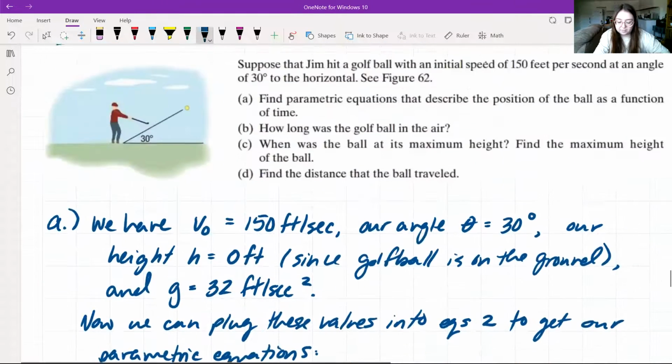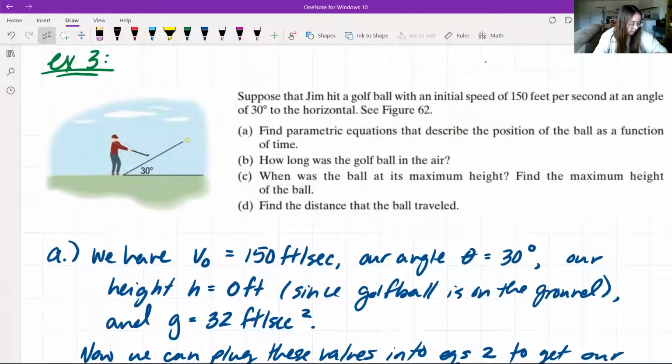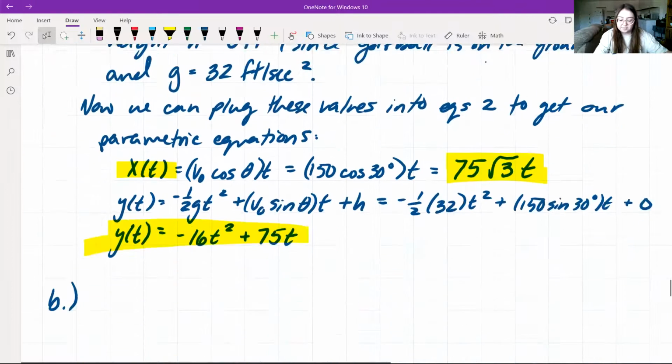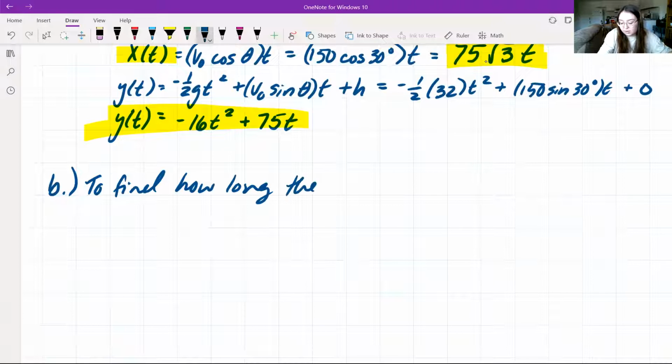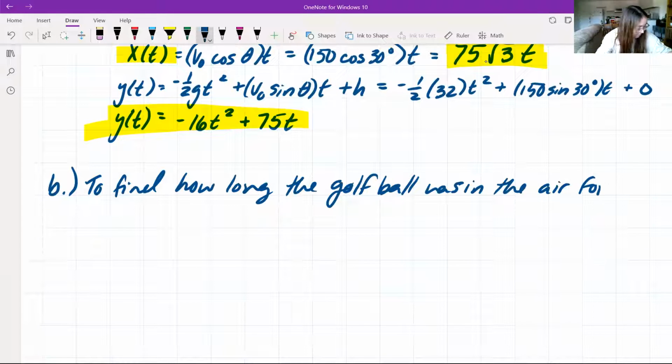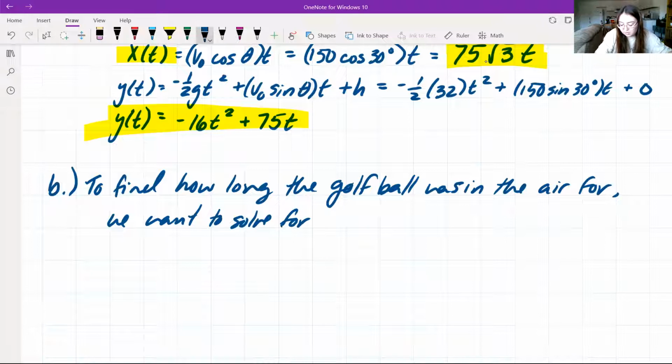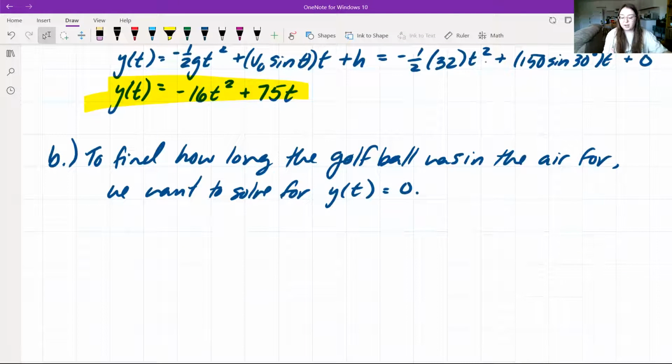So now on to part B. Part B wants to know how long the golf ball was in the air. To find how long the golf ball was in the air, we want to solve for y of t being equal to 0.